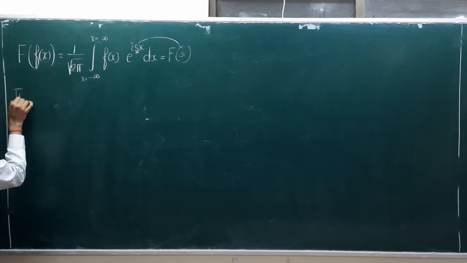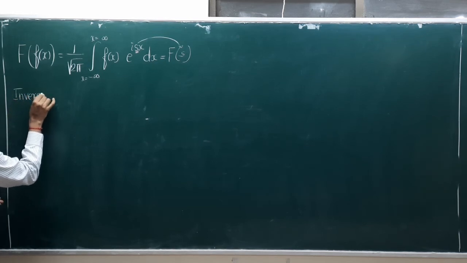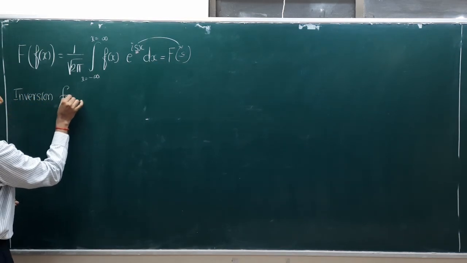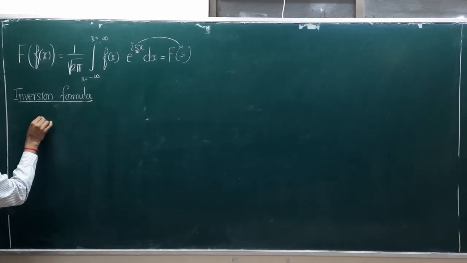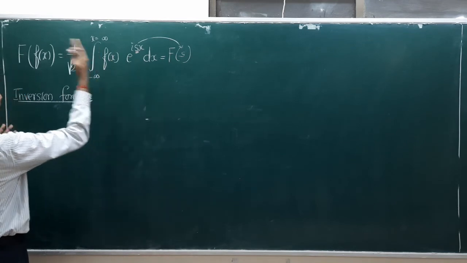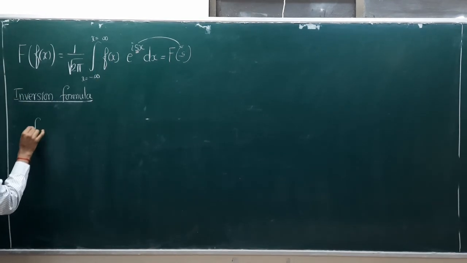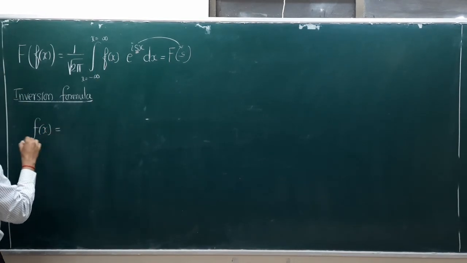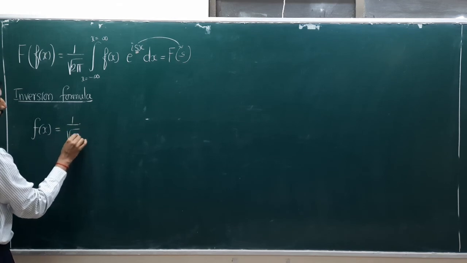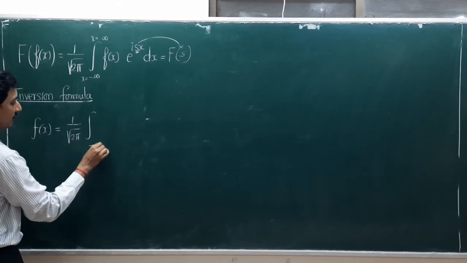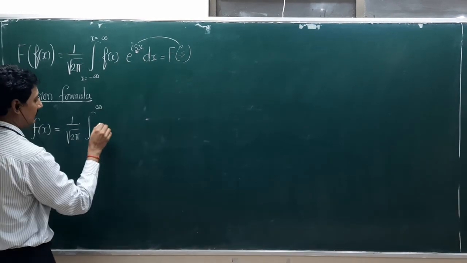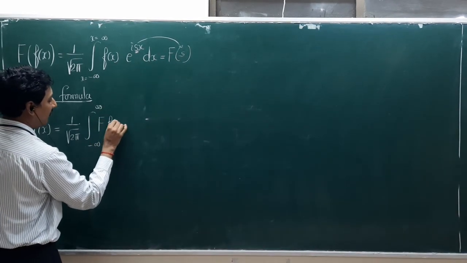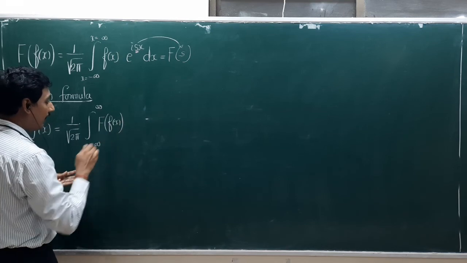The inversion formula for the complex Fourier transform: the input is s, the outcome is x. So f(x) equals 1 by square root of 2 pi integral from minus infinity to plus infinity, where this time the input is s.